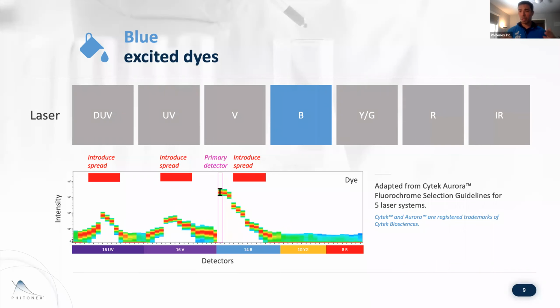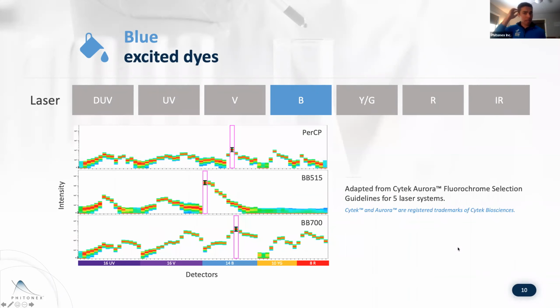So regardless of the ability to distinguish these, you're still having a really tough time with data analysis if you're introducing huge amounts of spread, or you're plowing more and more spread into these channels that are off the primary detector, right? In looking at this, and they've done a great job looking at a multitude of different dyes here, you've got PerCP, Brilliant Blue, and BB700, and you can just see that there are areas where these labels are adding an enormous amount of spread.